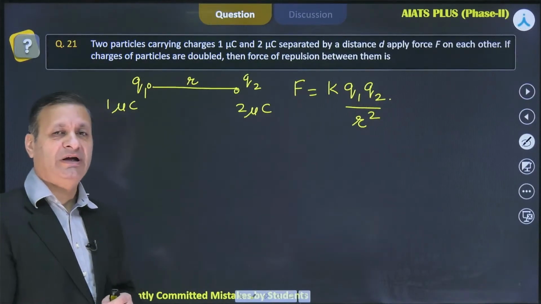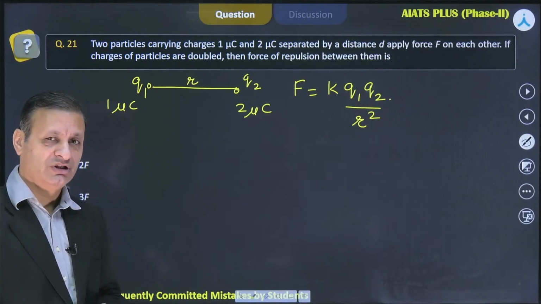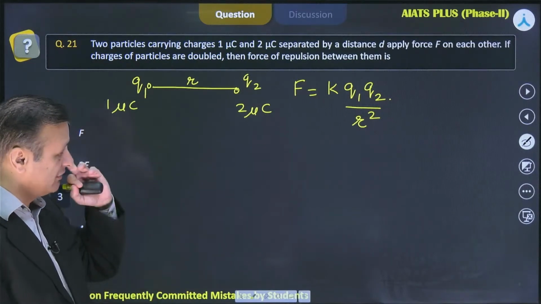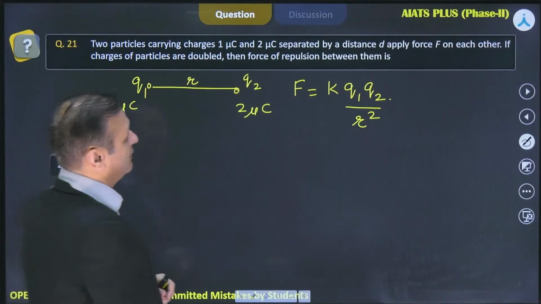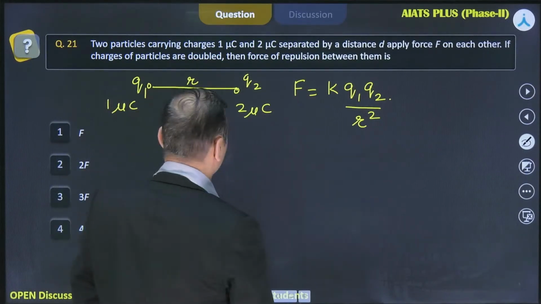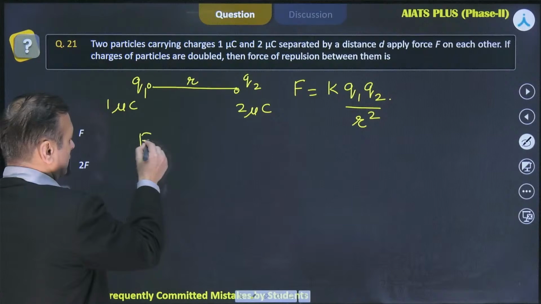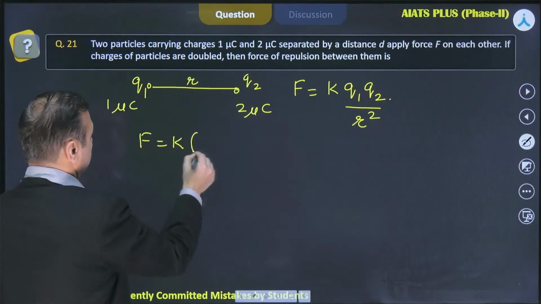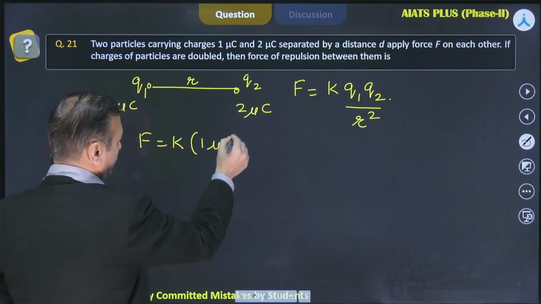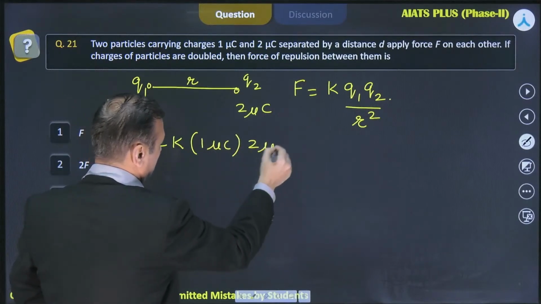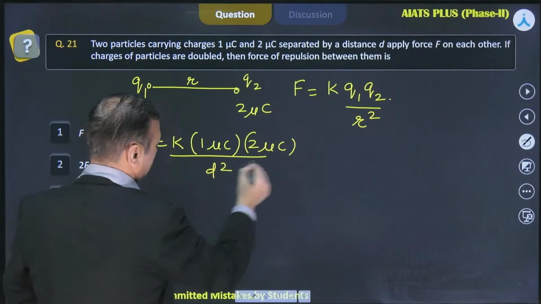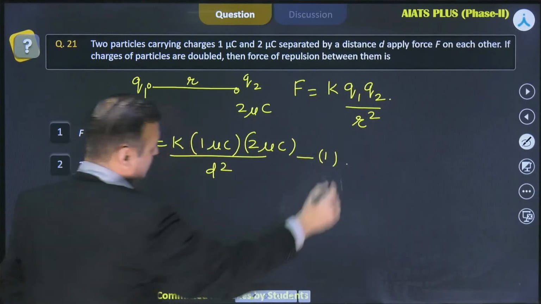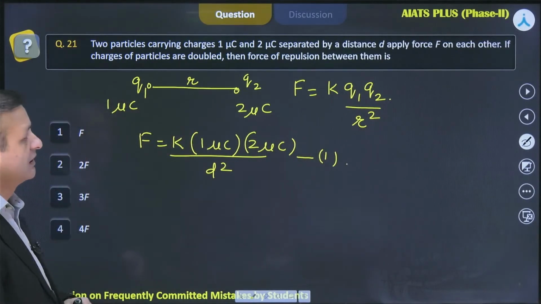But we'll keep it in a very standardized general format only. So this is the force. They are separated by distance d. If you specifically put the values, this is the first expression as per the given statement.